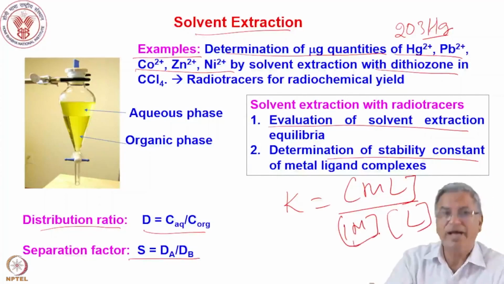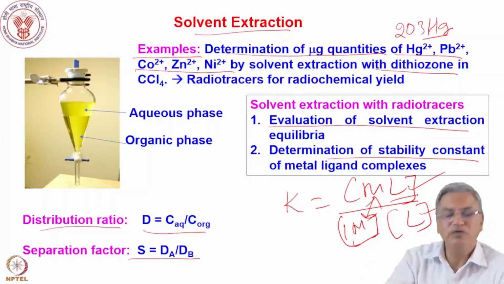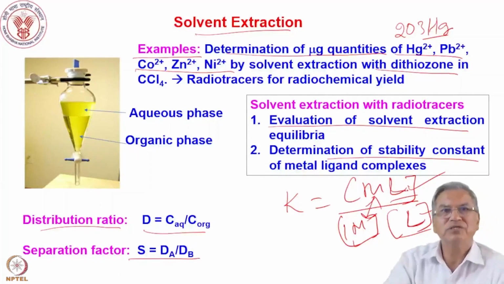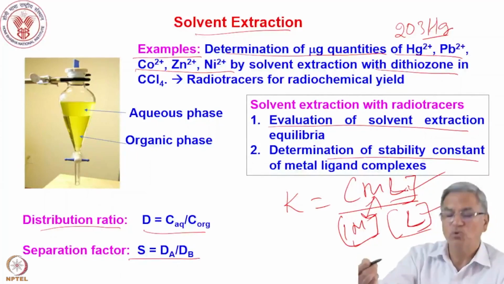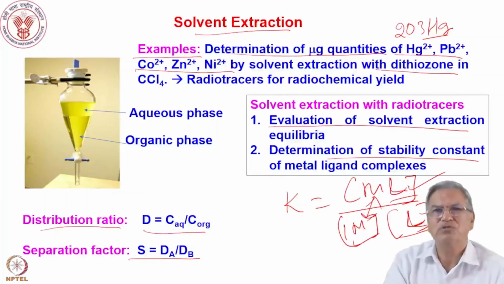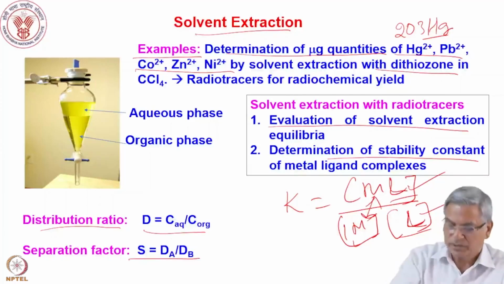This is the free metal ion, this is the complex metal ion, and this is the free ligand. Free metal ion will be in the aqueous phase and the complex metal ion will be in the organic phase. The total ligand is the free ligand plus the metal complex concentration, and since total ligand is known, you can find out the free ligand, and therefore the stability constant. So this is how you can use radiotracers for solvent extraction.